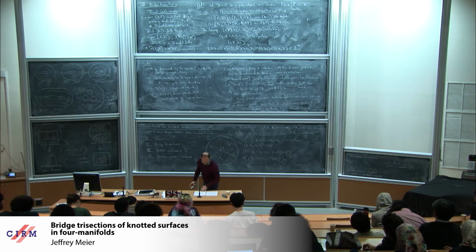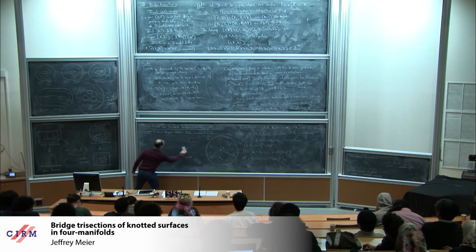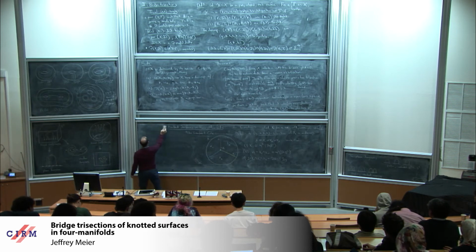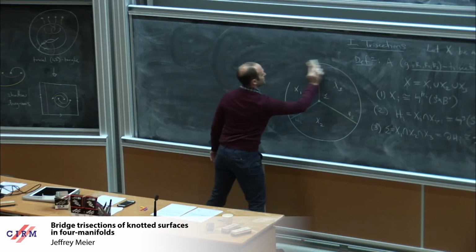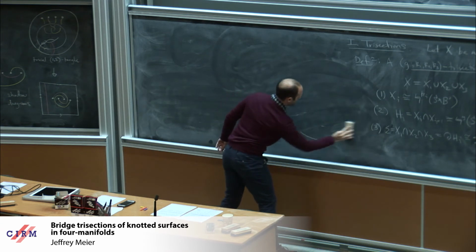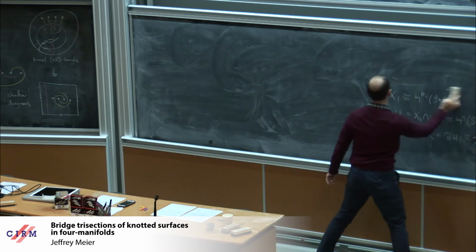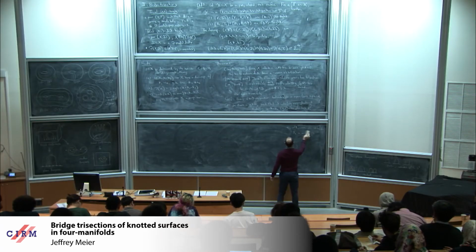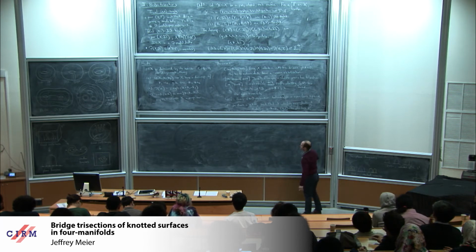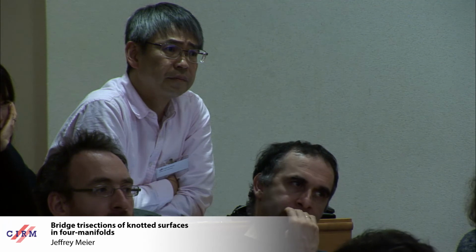What's next is a theorem and some facts. Maybe I'll say the theorem out loud while I'm writing. The theorem from three years ago was that Alex and I proved that every knotted surface in S4 can be put in bridge trisected position with respect to the genus 0 trisection of S4.